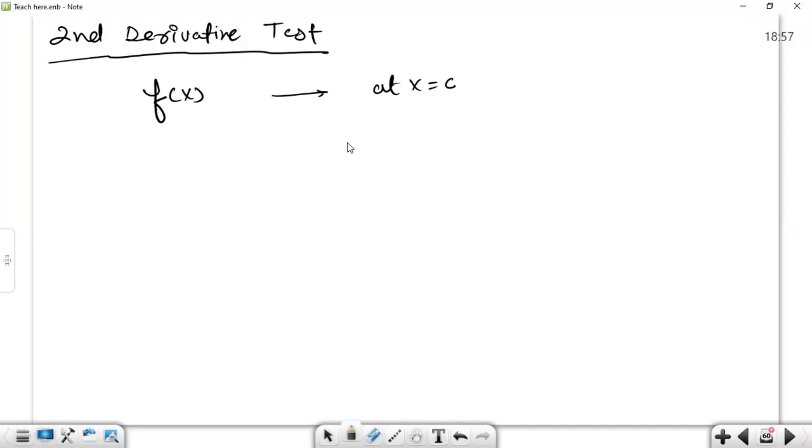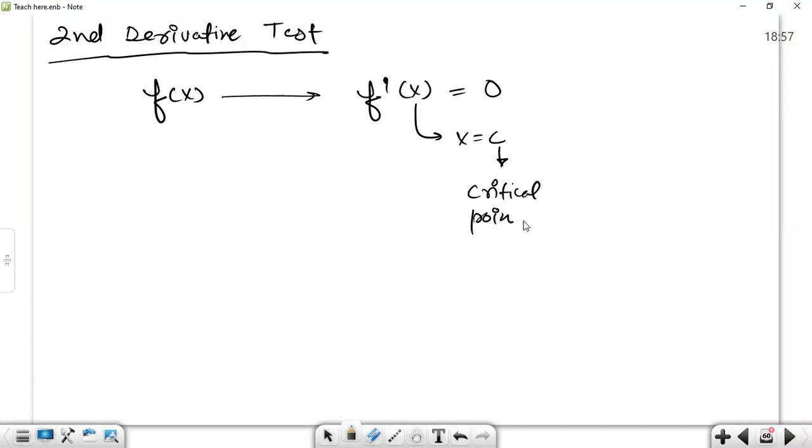First of all, we have some function, then you will differentiate this function to get f dash of x, and then you equate it to 0. f dash of x will be 0 for x equals c, and that point will be known as a critical point, and there can be more than one critical point. After that you will differentiate this function further.